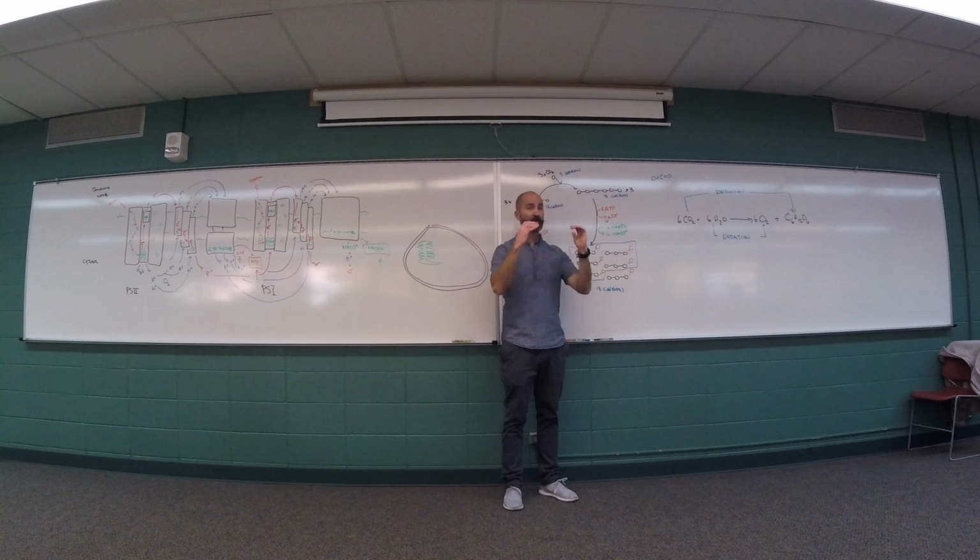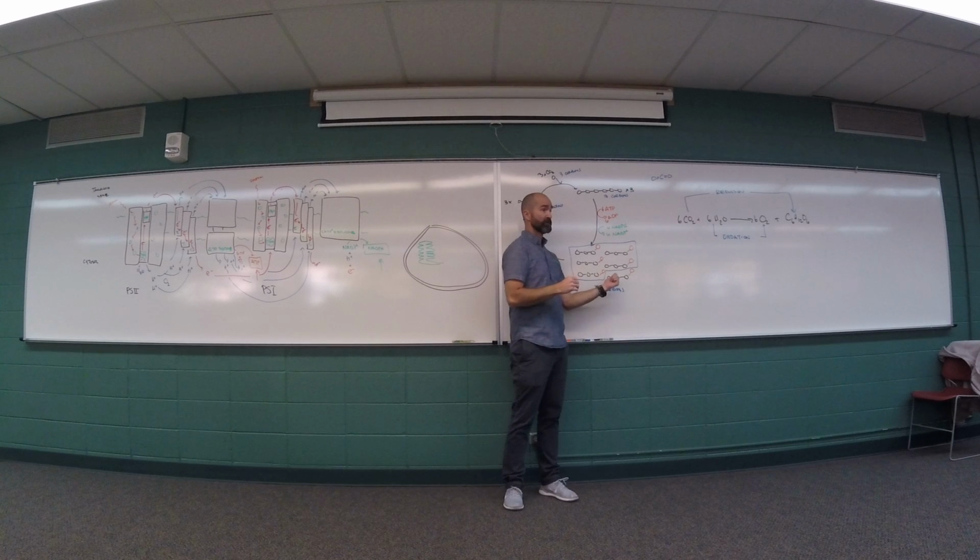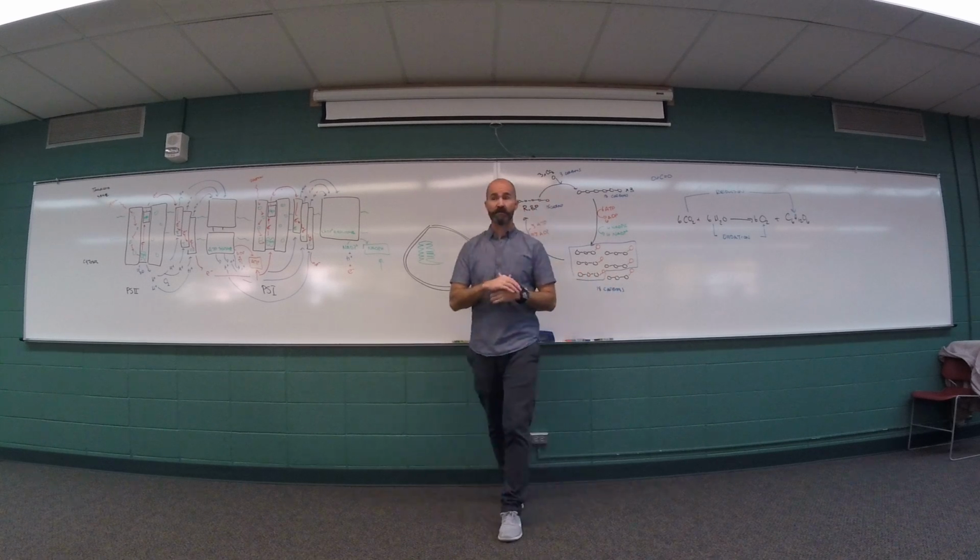So on the exam, when I ask you, what's the actual product of the dark reactions? I'm going to have glucose as an option, and I'm going to have G3P as an option, and y'all are going to say G3P. It's G3P. Wait, can you repeat that? Yeah, you bet. So on the exam, when I ask you what the actual product of photosynthesis or the dark reactions is, it's G3P. It's not glucose.